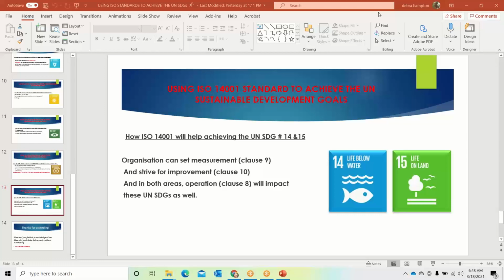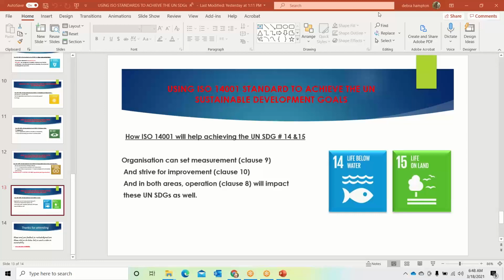So we can look at it from clause 9, which talks about how the organization can carry out measurement of performance. They can strive towards performance measurement, and striving for improvement, which is clause 10.